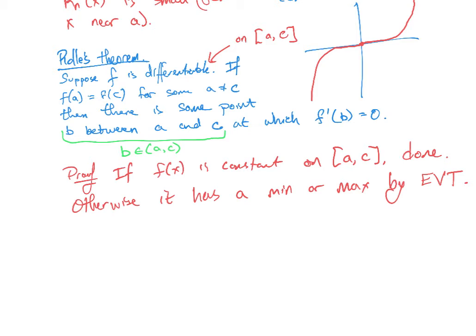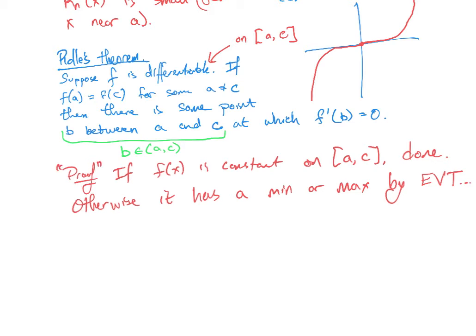And that min or max is a relative minimum or relative maximum, and we're using the result that the derivative at a relative maximum or minimum is 0. Okay? Put quotes around that proof.